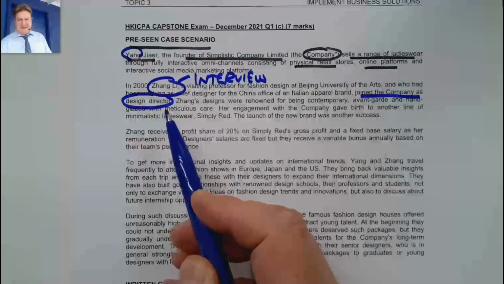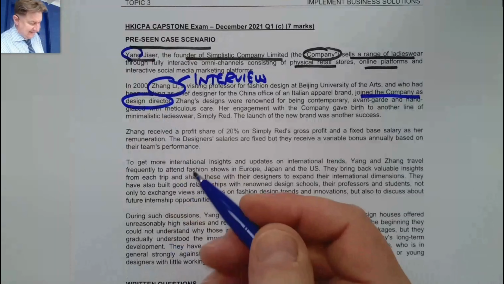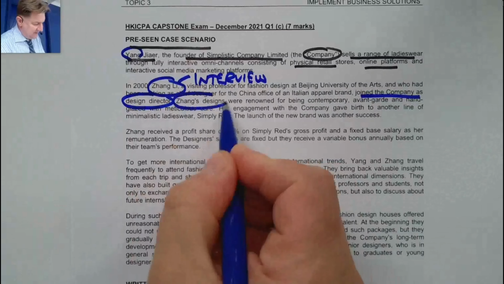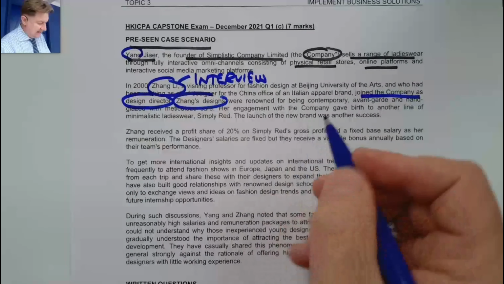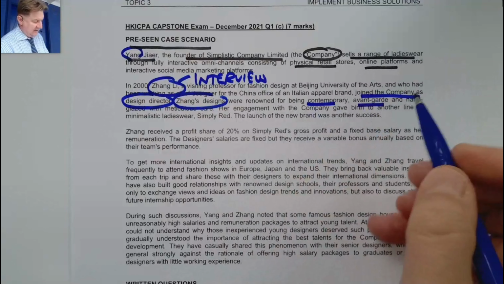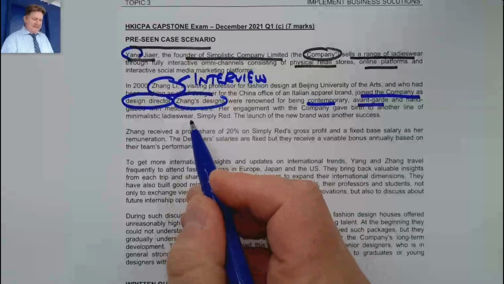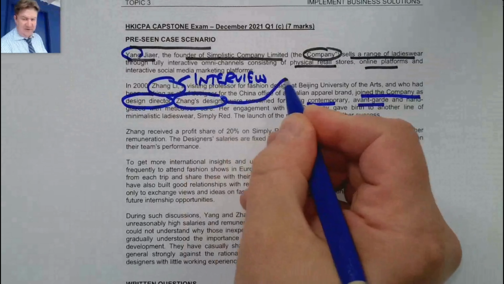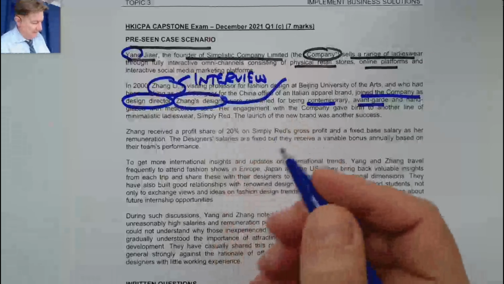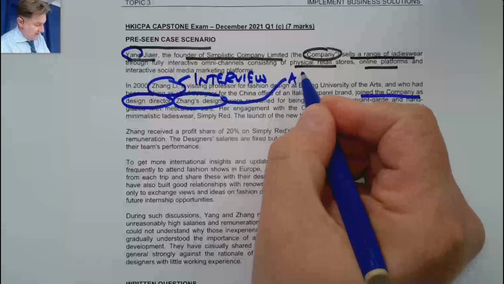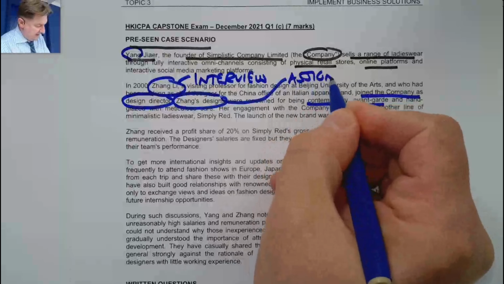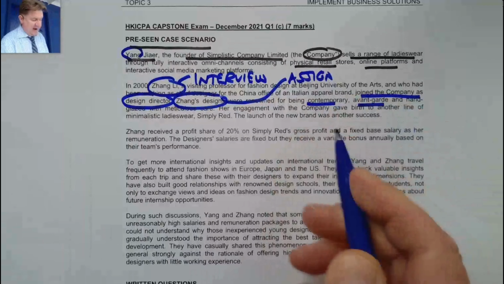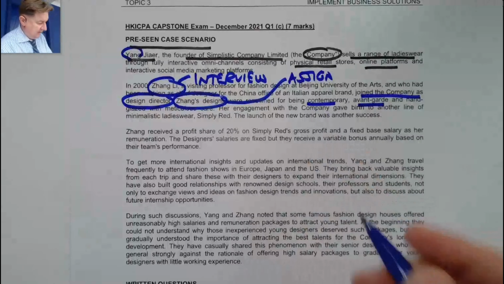Let's see what else Zhang's done. It says Zhang's designs, renowned for being contemporary, avant-garde, hand-glazed, meticulous care. So maybe at selection, not just only interview, maybe Zhang as well, they're talking here about design features here, contemporary, avant-garde.